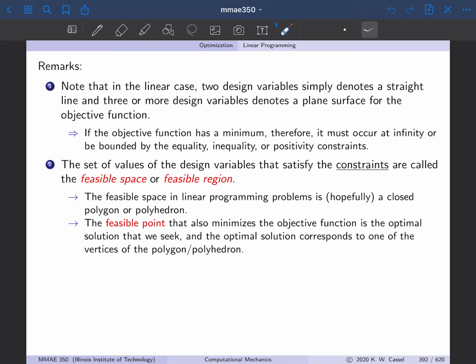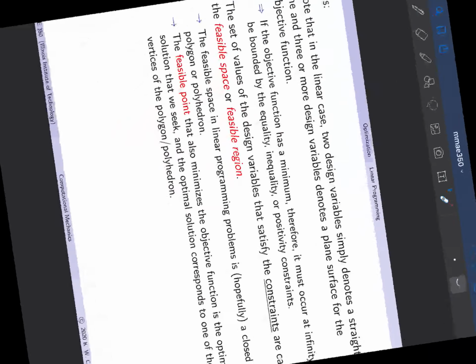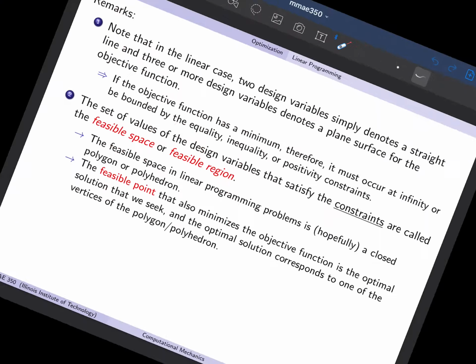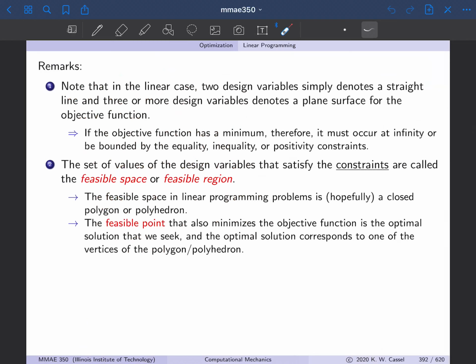The important point to get from this is that this will be at one of the vertices of the polygon. So if you take any polygonal shape, just imagine an octagon or whatever your favorite polygon is, and you put that on a flat planar surface, and you rotate it to some angle, then at that angle, if you were to put a marble inside your polygonal space, it will fall down to the lowest point.